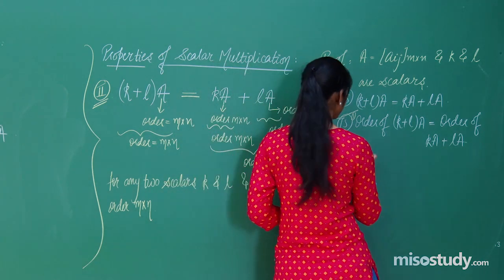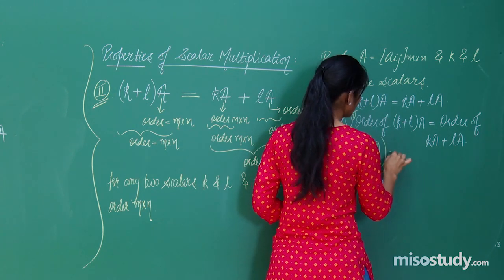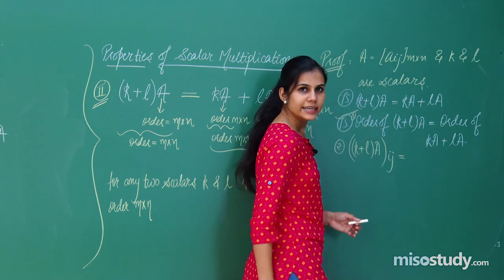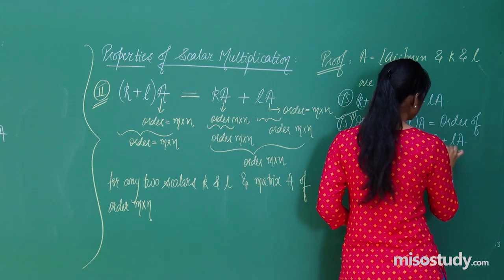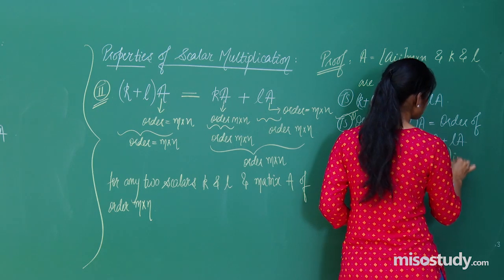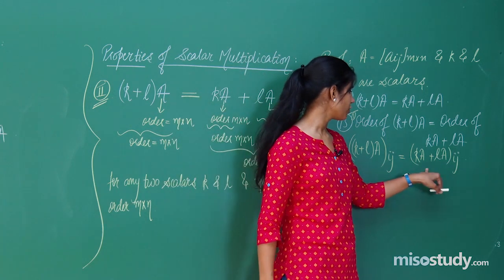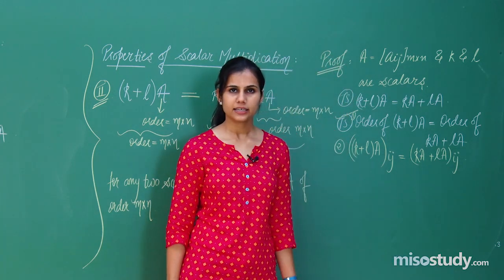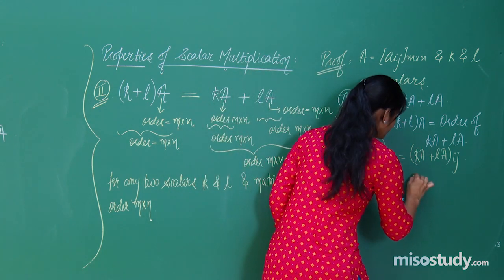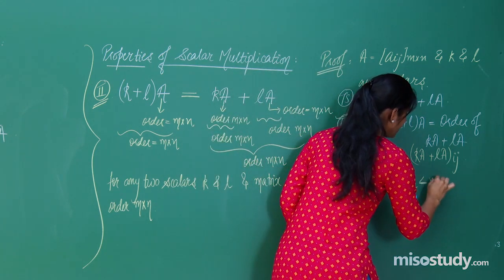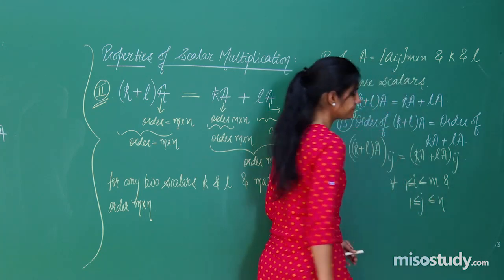So if you consider this matrix K plus L times A, whatever element is sitting at the ijth position, same element should be sitting at the ijth position of the Ka plus La matrix. Is it understood? This is what I have to show, and this should be true for all i varying from 1 to m and j varying from 1 to n.